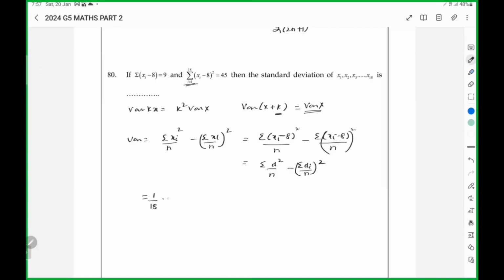Sigma d square is 9 square, sigma di is 45 by n whole square. So 25 by 4. The LCM here is 8.